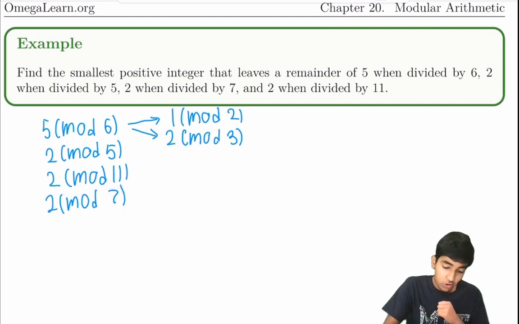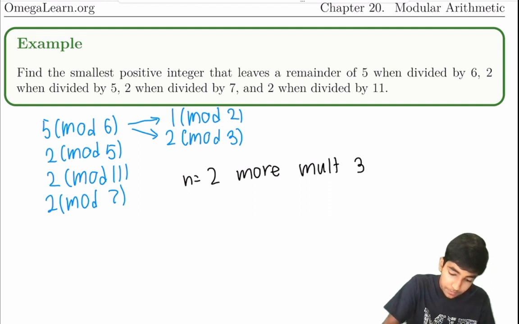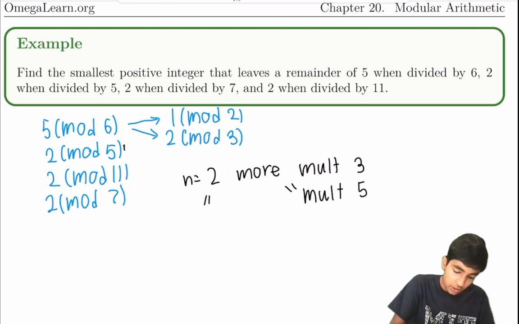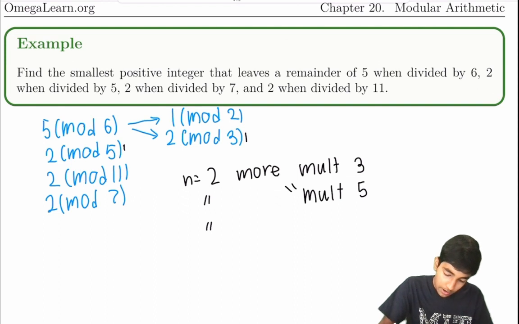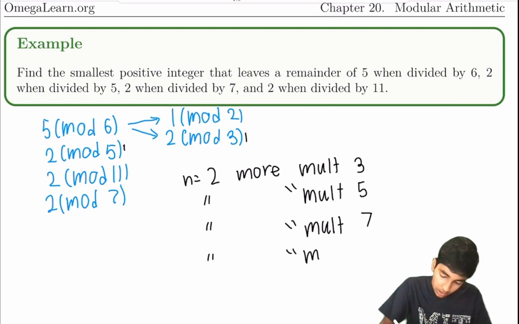So if a number is 2 more, let's say n equals 2 more than a multiple of 3, 2 more than a multiple of 5, right? 2 mod 5, this condition here. 2 more than a multiple of 7, and 2 more than a multiple of 11, right?